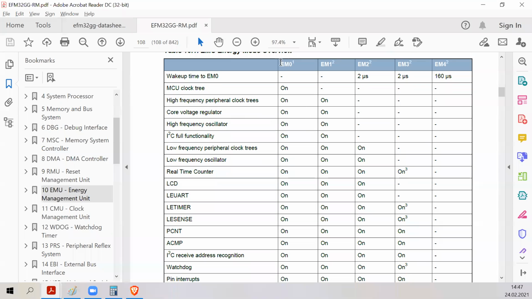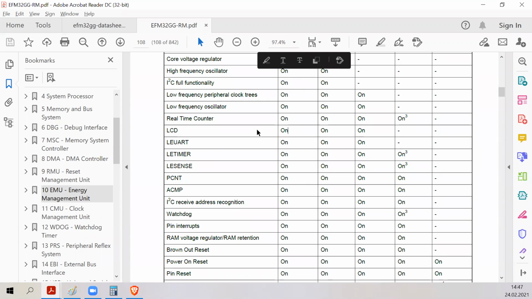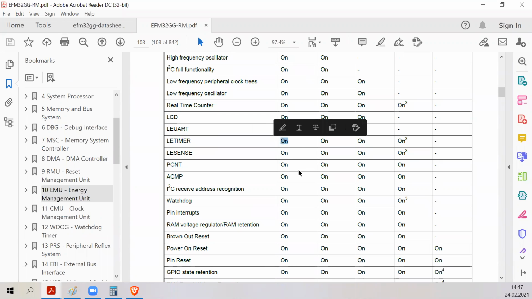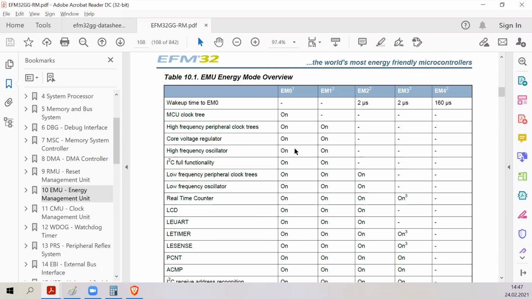And basically in energy mode 0, all the peripherals are able to work. We can have LCD showing some texts and timers running, analog to digital converter running, and so on. So everything works. But this also consumes all of the energy. It consumes most energy compared to other modes because everything is running.